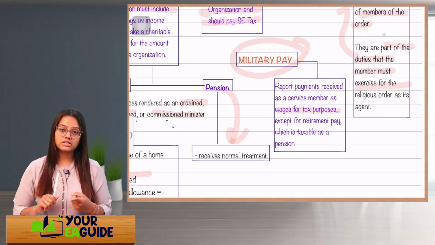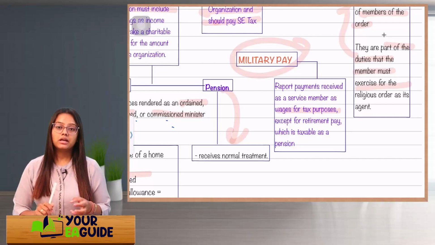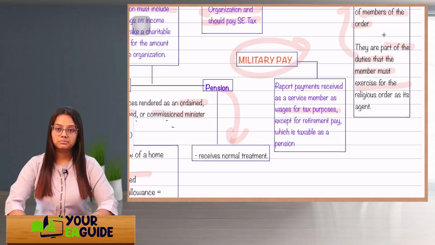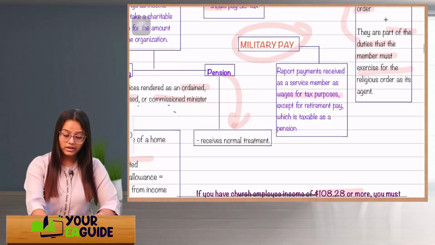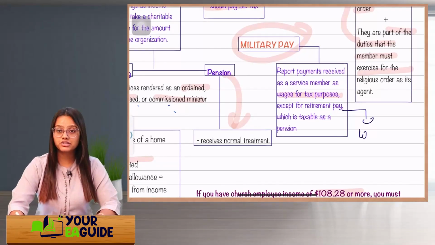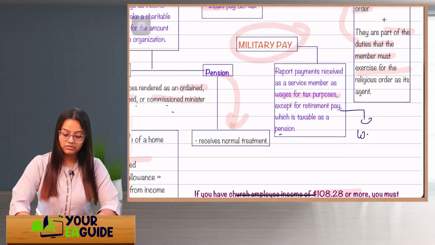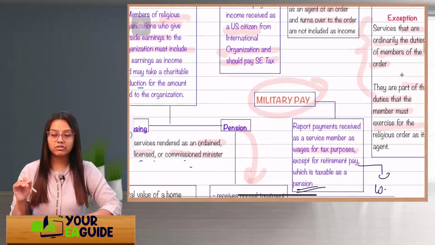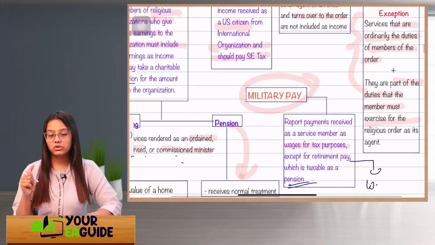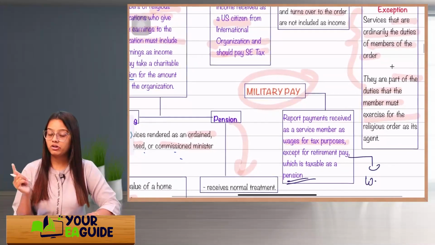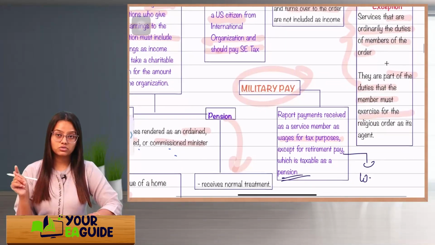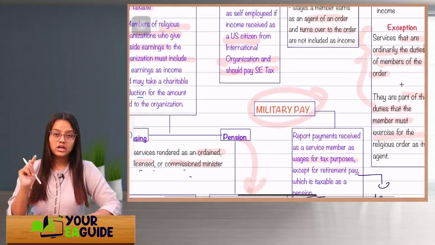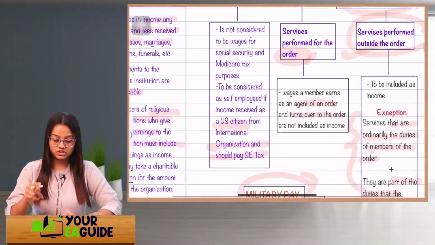But yes, if you receive retirement pay, then it will be non-taxable as wages, but it will be taxable in the form of pension. This is just a categorization of which category it will be taxable, because as soon as you include it in wages, you will be liable for Medicare, Social Security, FUTA, SUTA. To save yourself from all these taxes, you have to put a proper categorization.